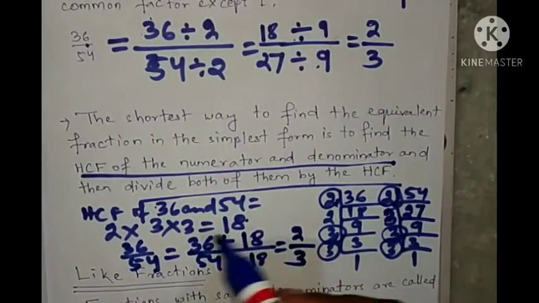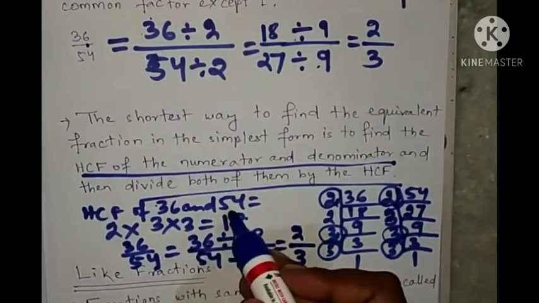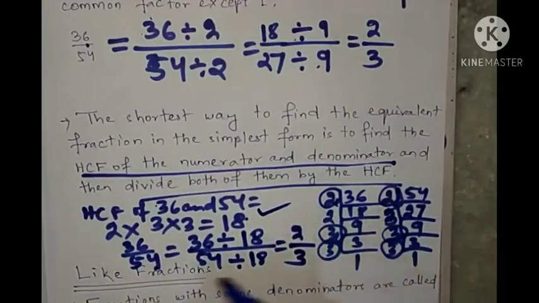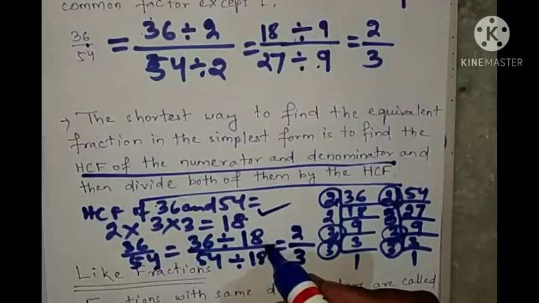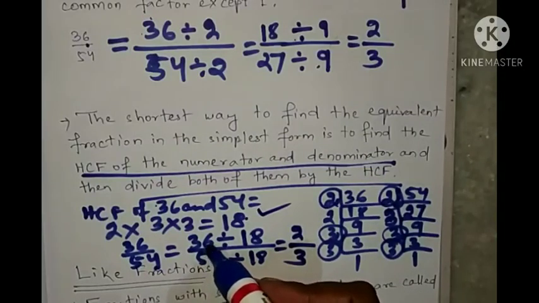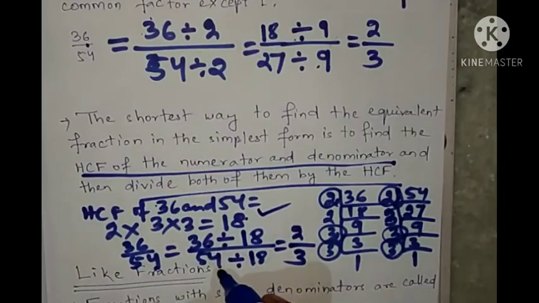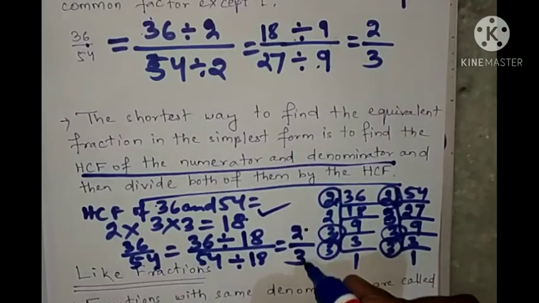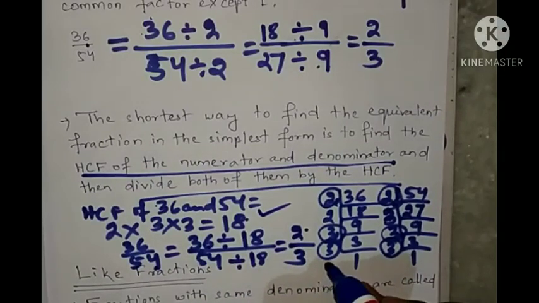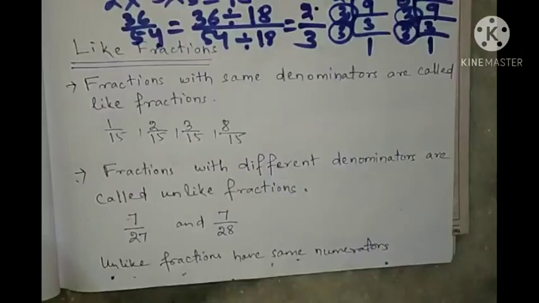In this shortest way, first you find the GCF, then you divide both numerator and denominator by the GCF. So you get the simplest form. This is the shortest way to find the simplest form of a fraction.